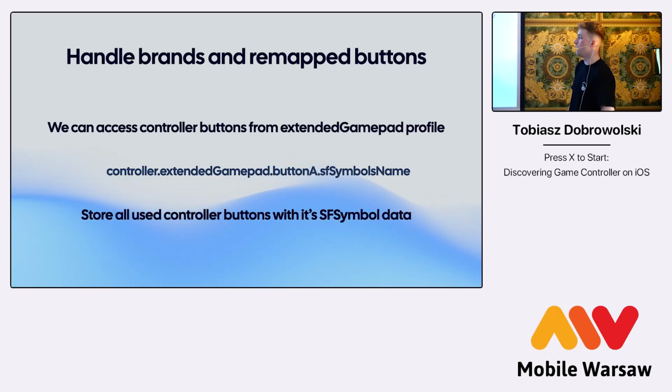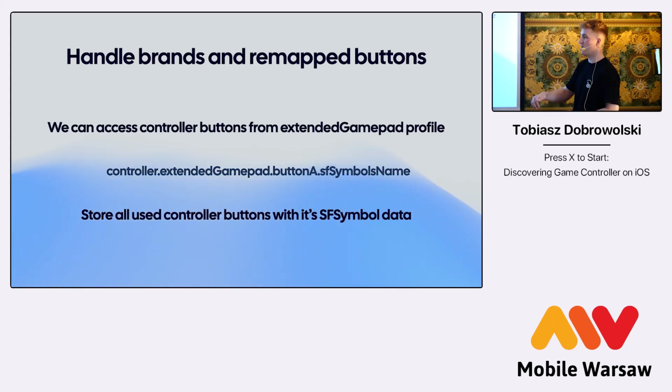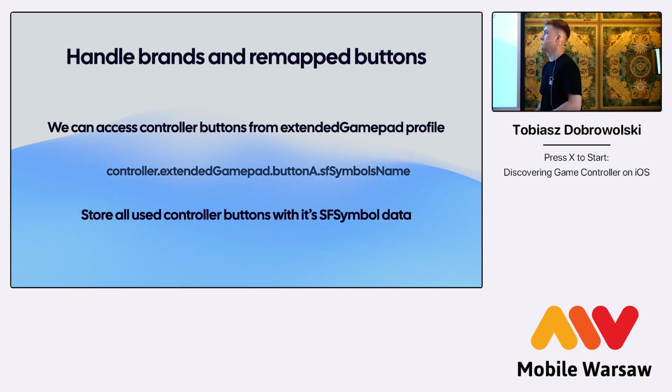Also, we have the option to get the localized name for the button. So if you want to present to the user a string like press a button, and you don't want to switch between whatever controller is connected, you can get it from the localized name property. So it's actually supported very well.